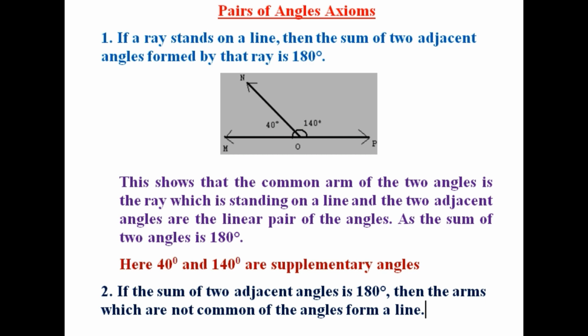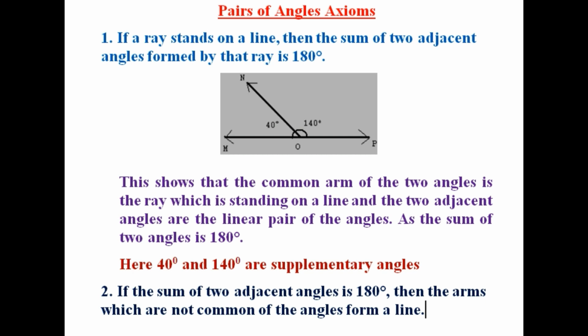Both add up to 180. So the common arm of the two angles is the ray standing on a line, and the two adjacent angles are the linear pair of angles. Their sum is 180 degrees.